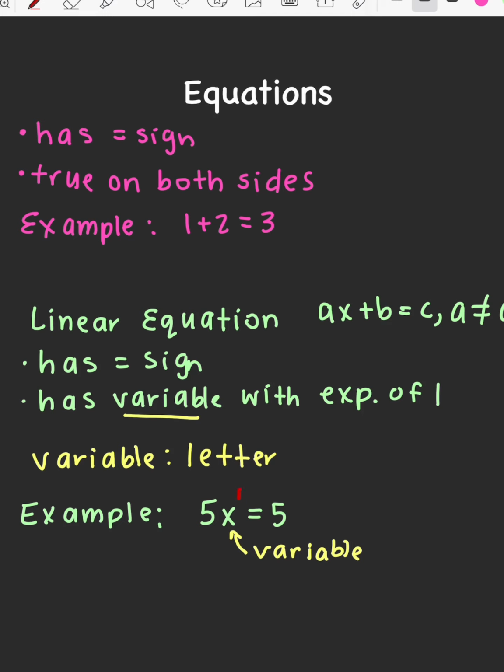We don't usually mention the 1 and we don't write it down on the equation. But if nothing's written down, that means that it does carry an exponent of 1.